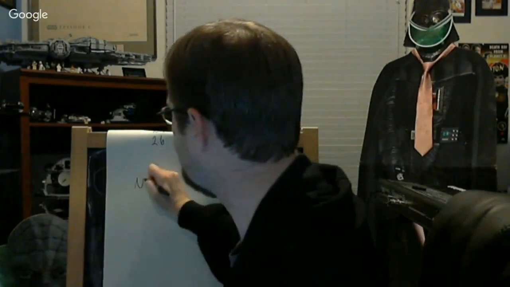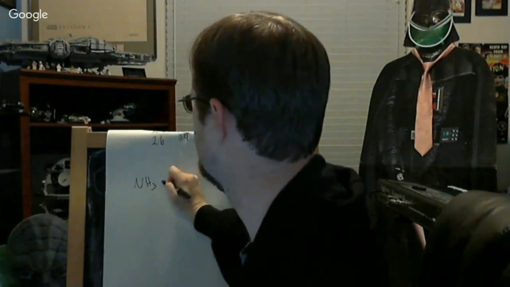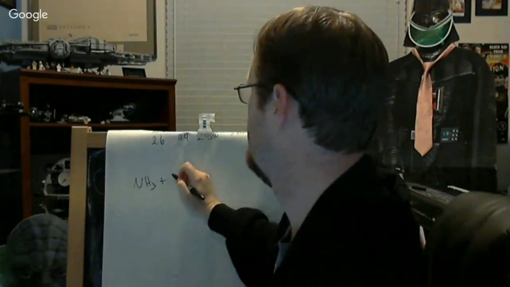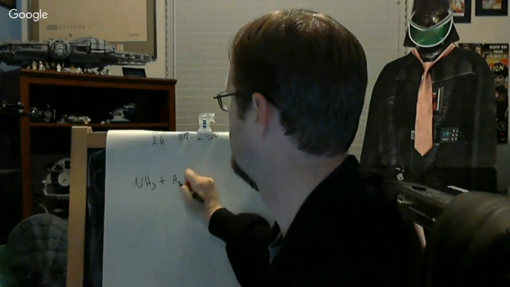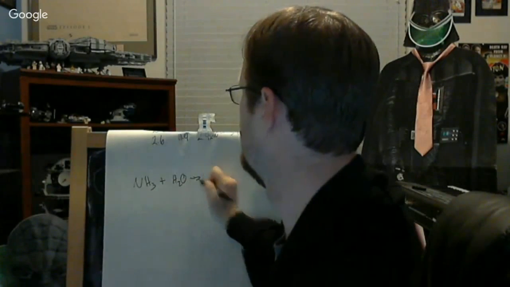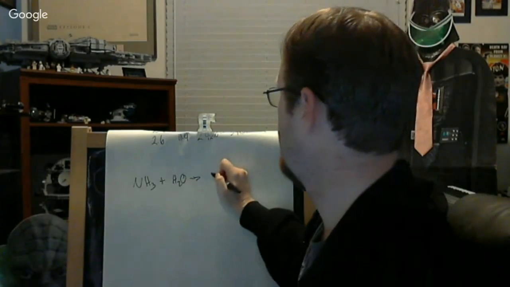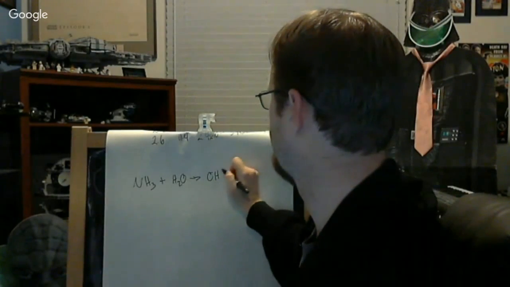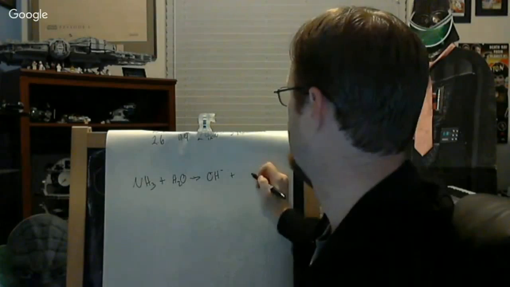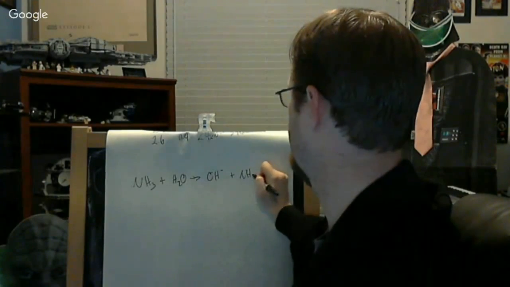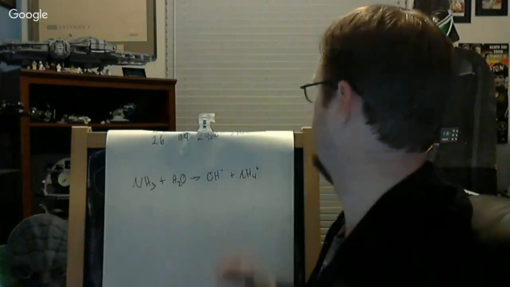Okay. So let's say we have something like NH3 plus H2O. And then on the other side, we have OH minus plus NH4 plus, like that.